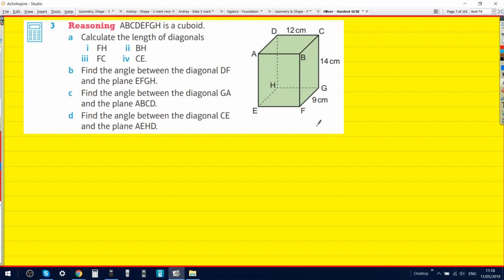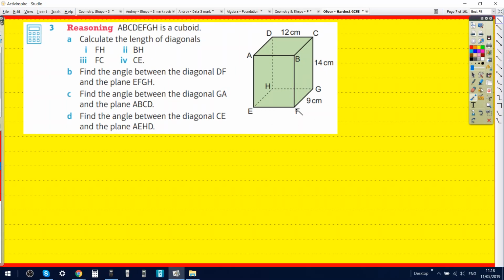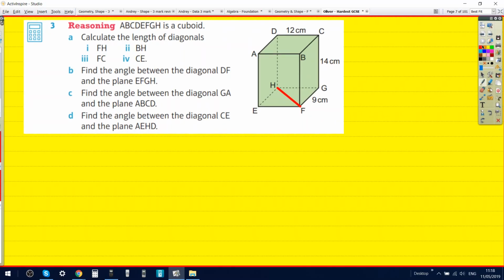BH would be, you would have to find. So what was FH, sorry? That is 15. And what were the numbers for Pythagoras for it?